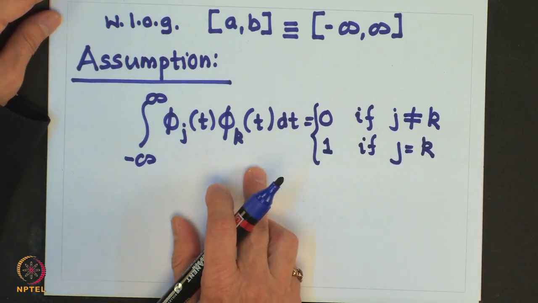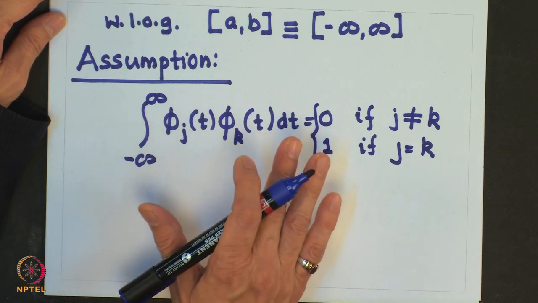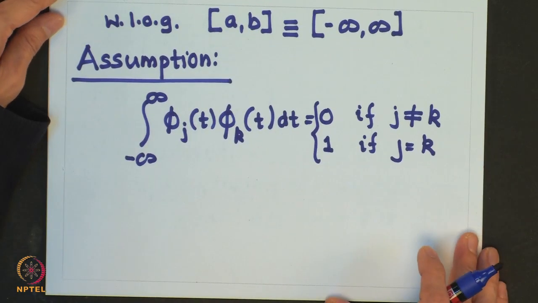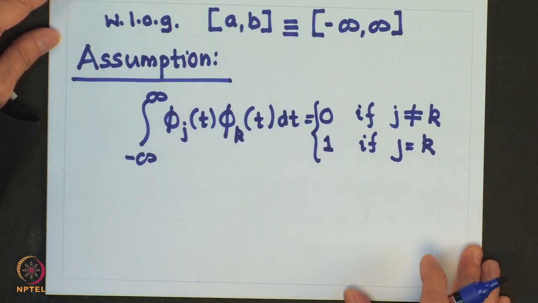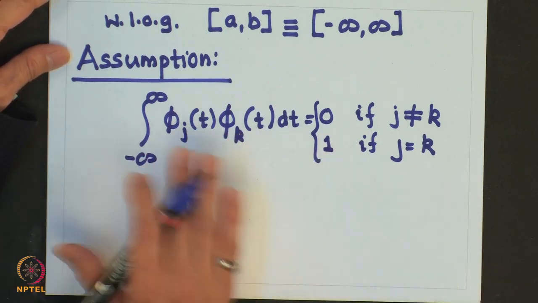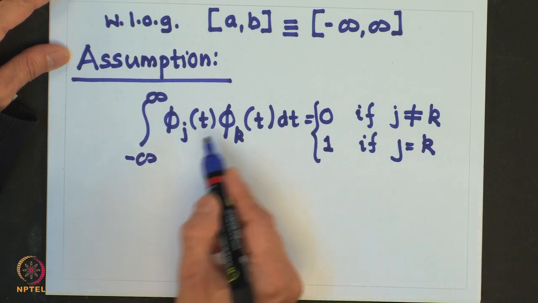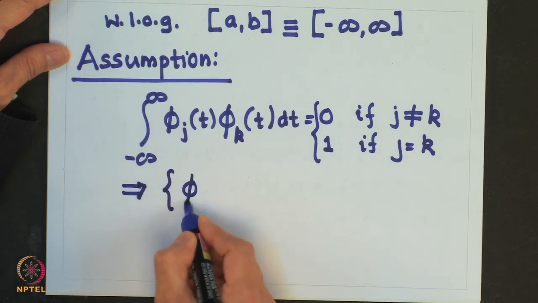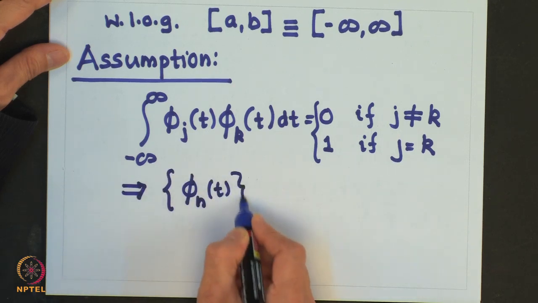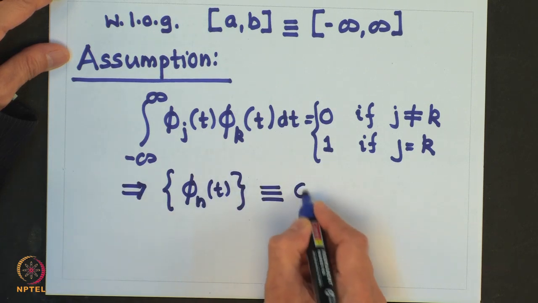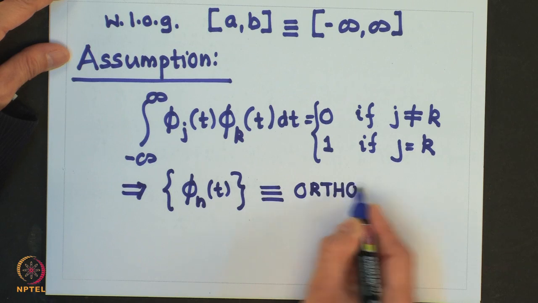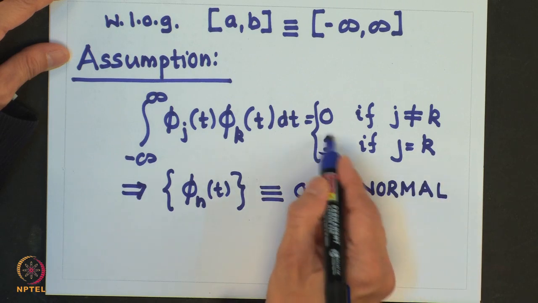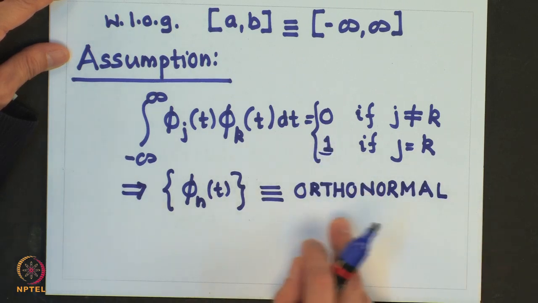For the sake of simplicity, we are considering only real signals. The same ideas could be extended to complex signals with little modification, but for this course it is not necessary at this moment. So, if this condition is satisfied, then we say that this set of basis signals is orthonormal. If this was not equal to 1, then it would have been known as orthogonal.